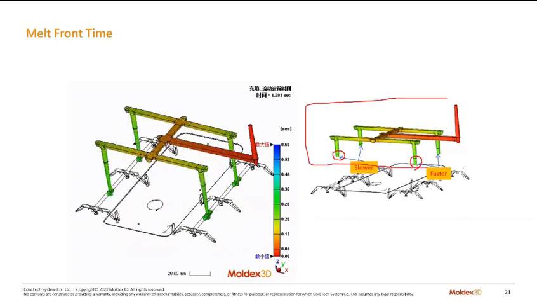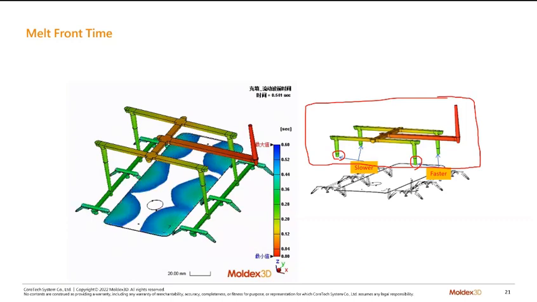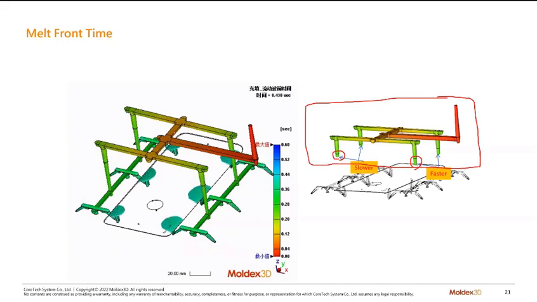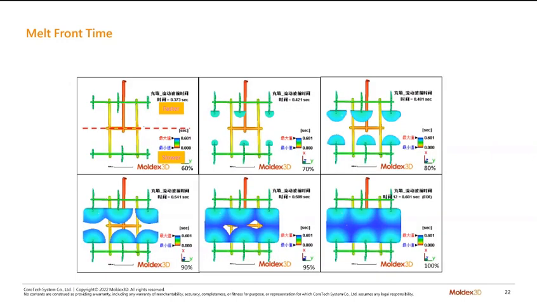In this part it looks quite symmetrical, but this kind of runner system will have unsymmetrical flow due to shear heating issues. If we look at the melt front from the other side view, you can see that it's faster on this part.